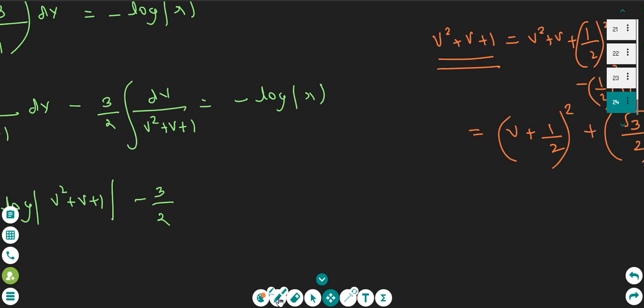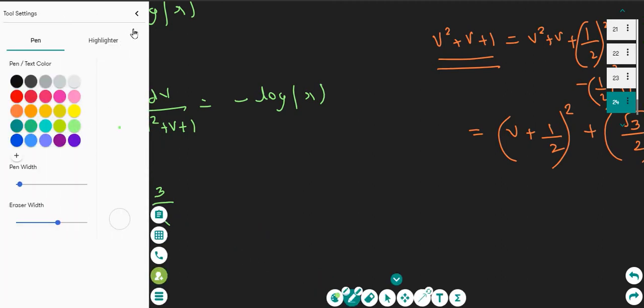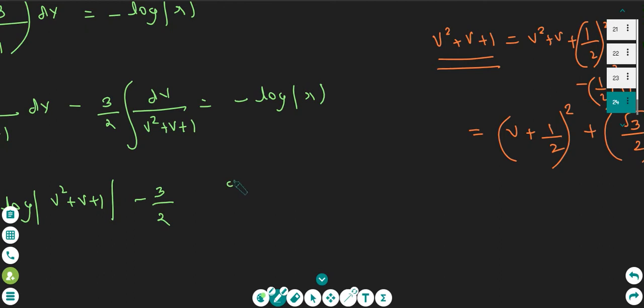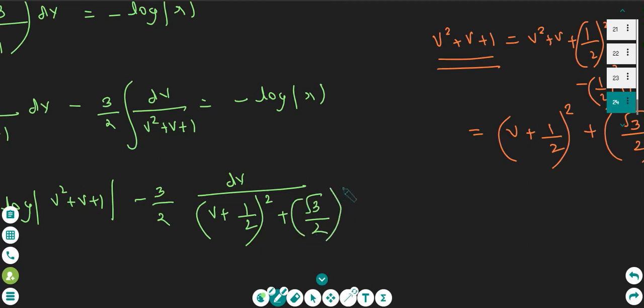So therefore this is minus 3 by 2. I can write this as 1 divided by, dv, where the denominator I have written as v plus 1 by 2 whole squared plus root 3 by 2 whole squared, integrate.